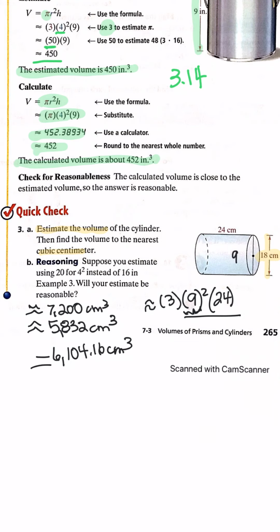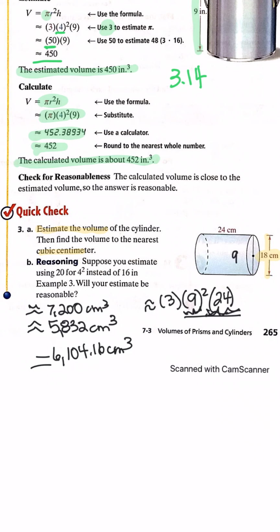Notice how I did the straight equal signs there. So really, our estimates are right in there. We also could have estimated 25 instead of 24, rounded that up to 25, which probably would have helped get us a little bit closer.